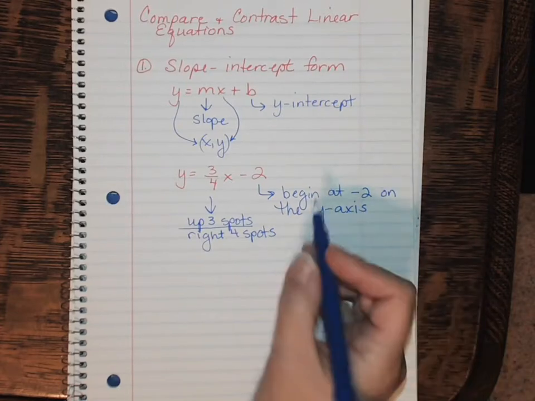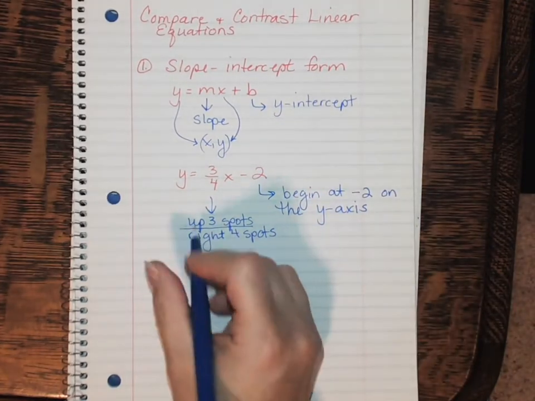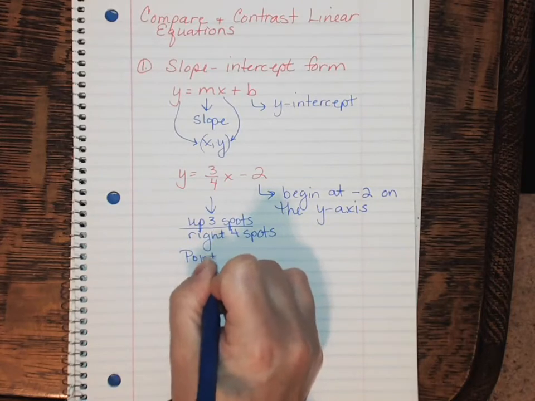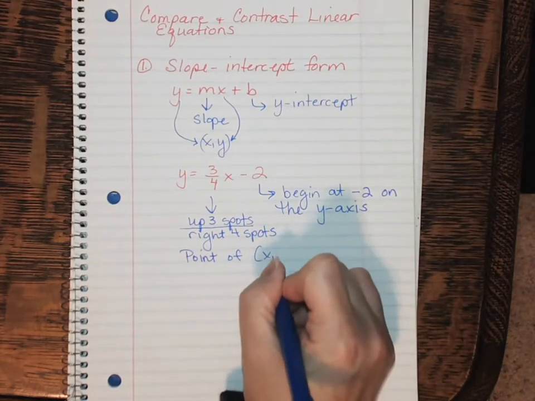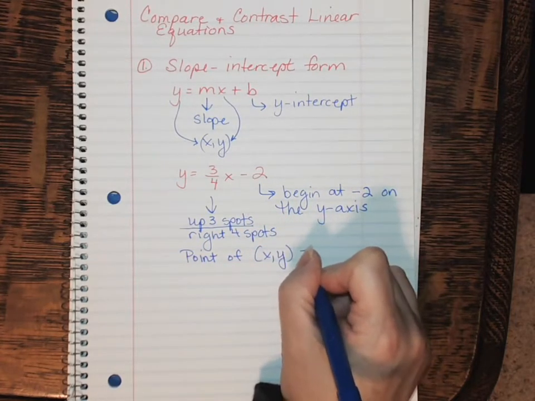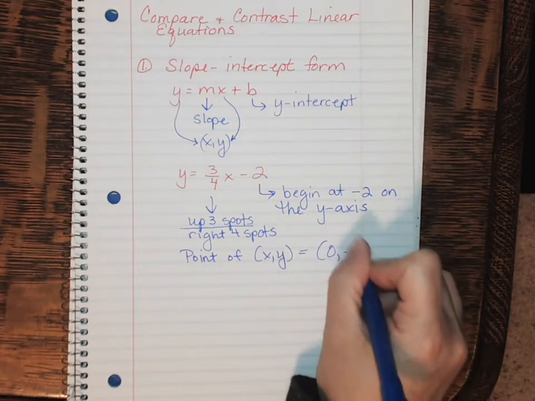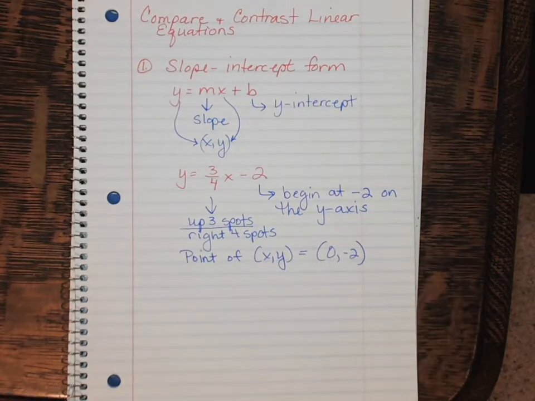So your point of x and y would end up being 0, -2, if you want to graph that and just check it. So that's typically how we would use slope-intercept to figure out what our y-intercept is, to figure out what our slope is, and you can manipulate that to find your x and y.